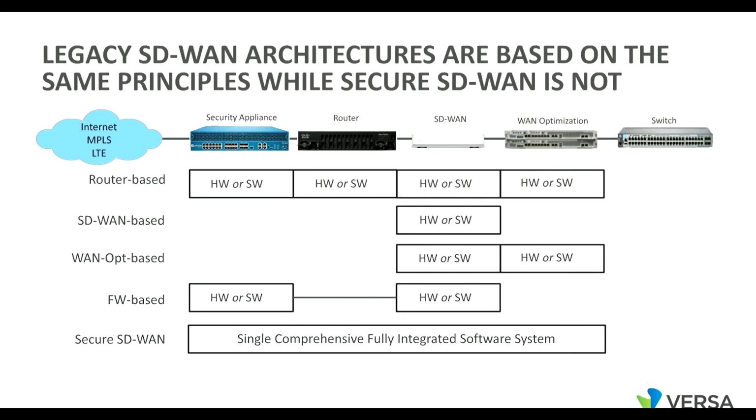Absolutely, Mike. The SD-WAN based architectures started with application-based traffic steering, and they added that functionality which was missing in the router-based model. Initially, in the routers themselves, they essentially did add load balancing.